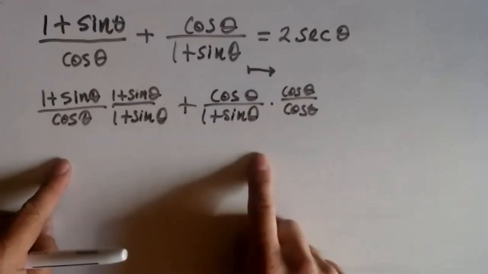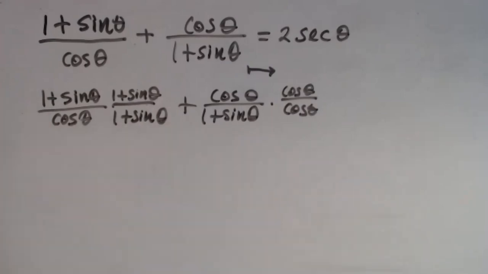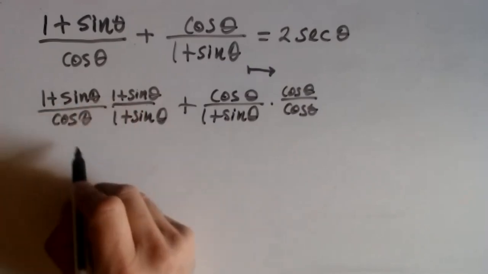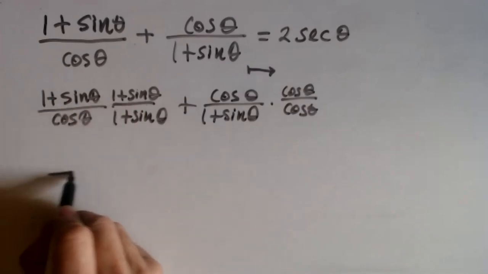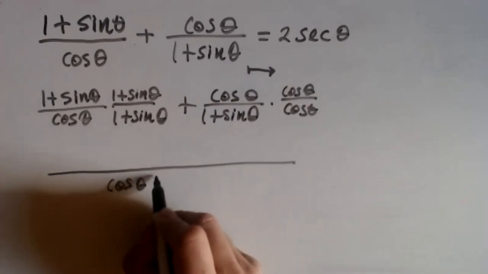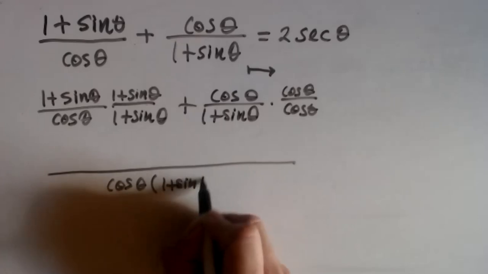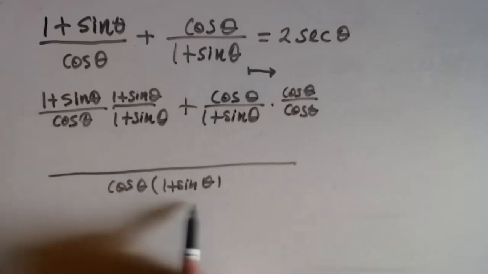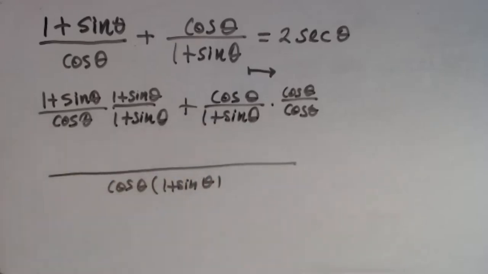Okay, now, let's just do the multiplications. This times this, so this is going to be common denominator, so I'm going to put here cosine theta 1 plus sine theta. So this times this is right here, so this is the same, so I put a common line.